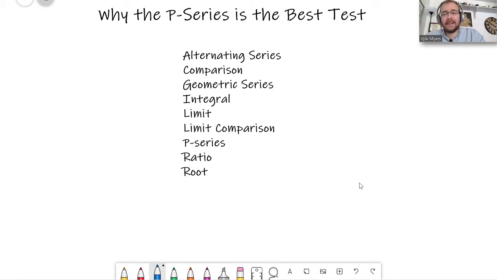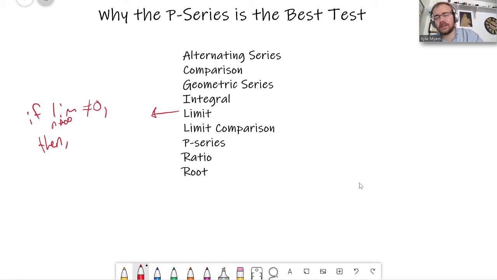The one that is the least useful out of all of these has to be the limit test. It's really dumb. Basically, what it says is that if the limit as n goes to infinity is not equal to 0, then it's divergent.